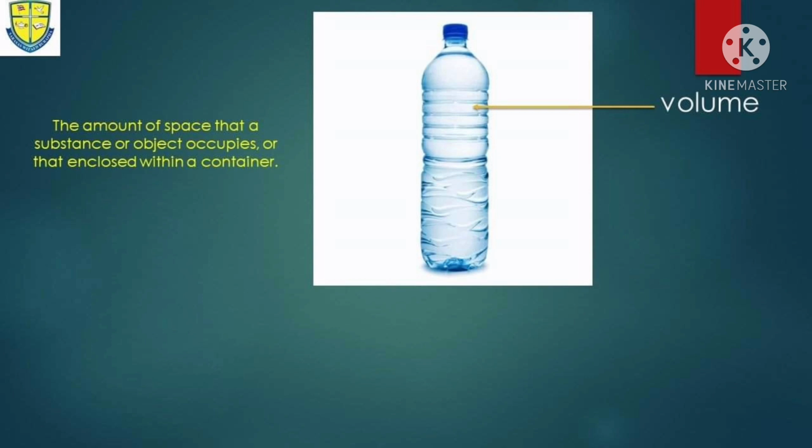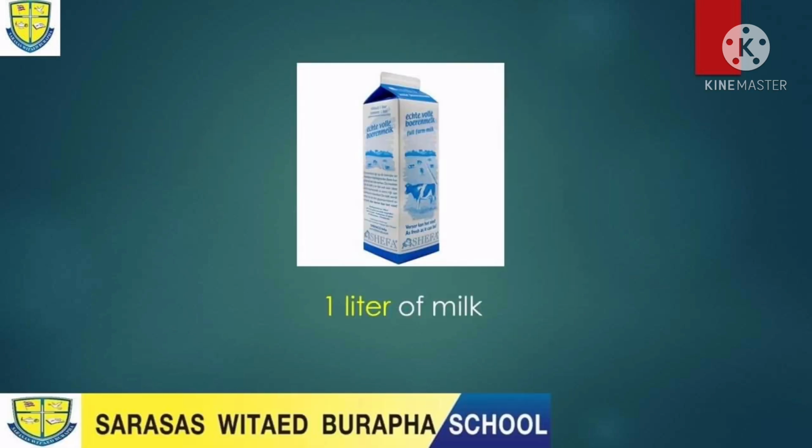So the container we're talking about here is the bottle. The volume inside of it is the water, because the water occupies a space inside the bottle. That is volume.